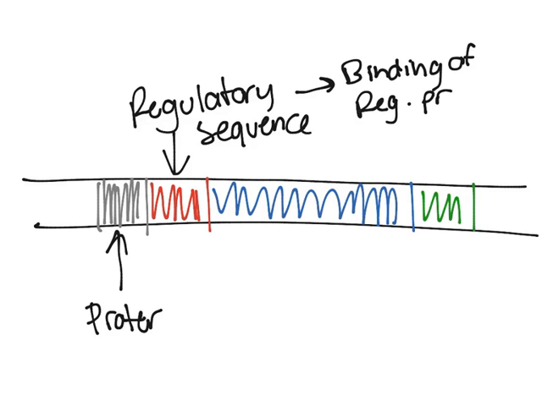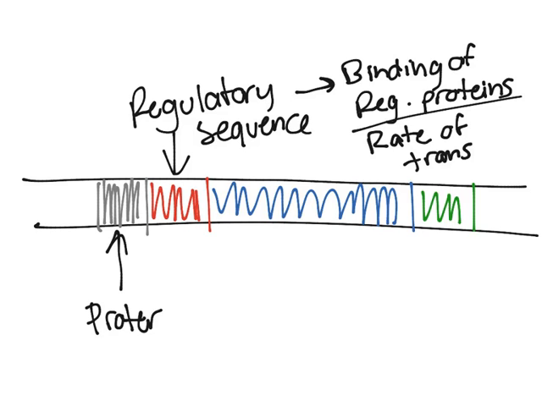What the regulatory proteins do is they influence the rate of transcription, so how fast or how slow it goes. And it's also found in a variety of locations.